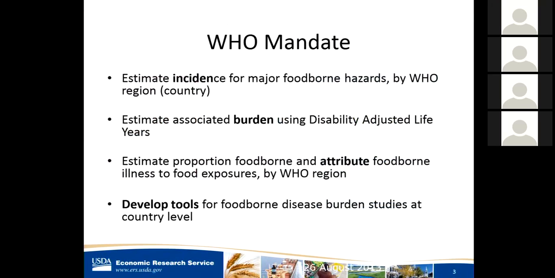The WHO wanted to get estimates of the incidence of foodborne illness globally, but by region, and actually the estimates are now by country, as well as a measure of burden. And I'll be talking a bit about that, which some of you may not be familiar with. But one of the reasons we need both economic and burden estimates is because these diseases have a wide range of health impacts.